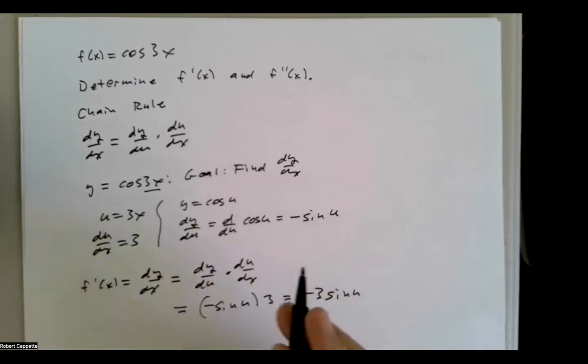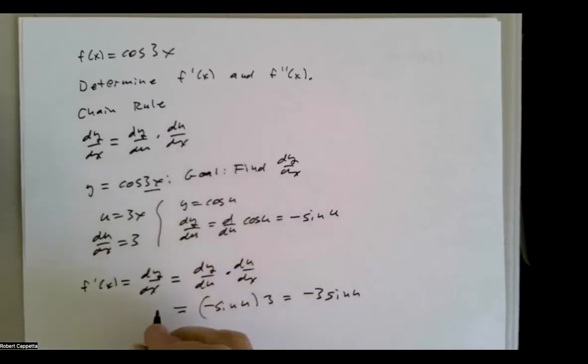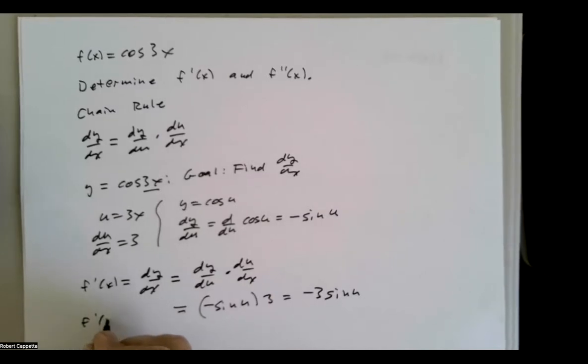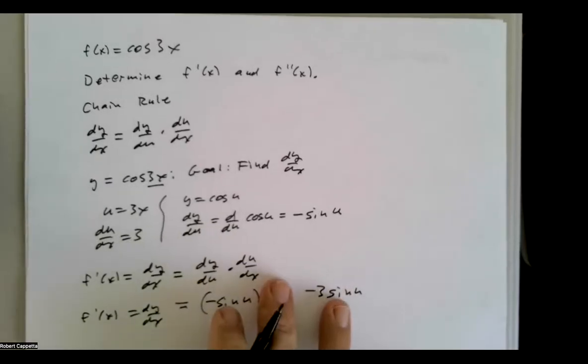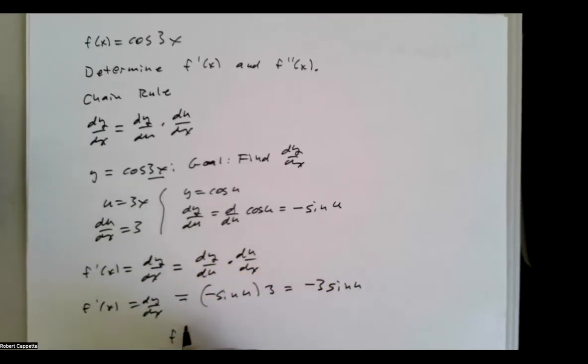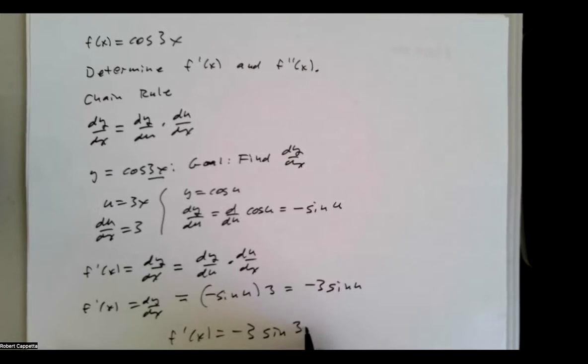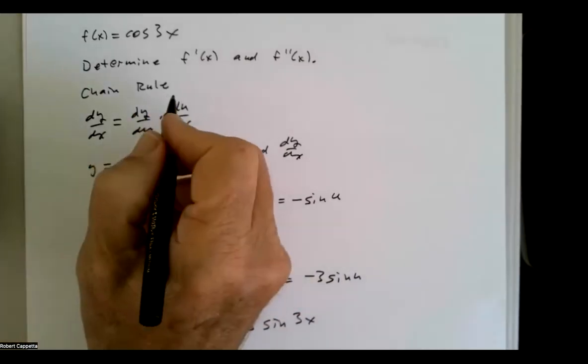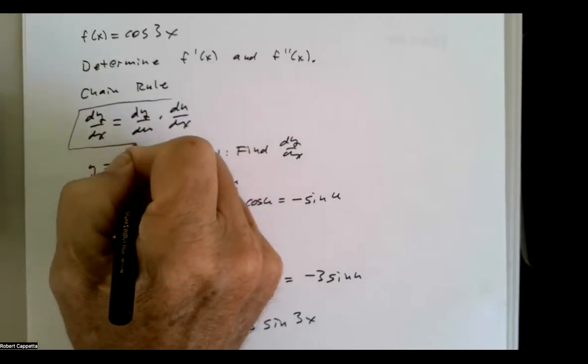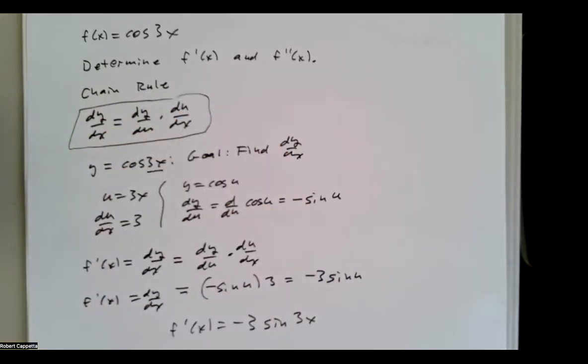So making the substitution, f prime of x, which equals dy dx, will equal negative 3 sine u, or if you prefer, f prime of x is negative 3 times the sine of u, u being 3x. So that's one approach to the chain rule, that approach being that dy dx is dy du times du dx.